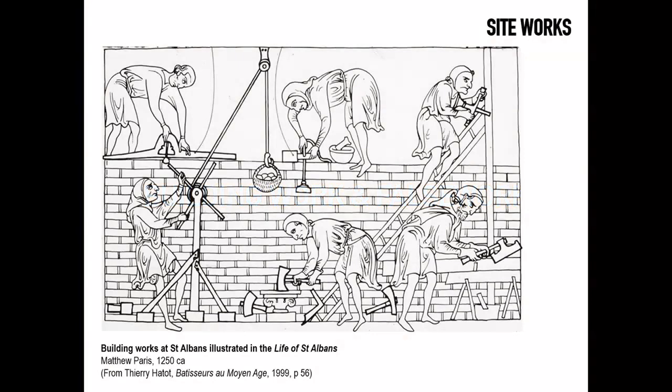Well, again, there's much debate, many discussions, many theories, some of which are conjectural, some based on evidence of contemporary records, including plenty of representations that illustrate building works during medieval times. So we're able to understand what kind of tools were available in medieval times. And it is no surprise to see that these are the tools of the masons that were already available in ancient times, with some refinements.